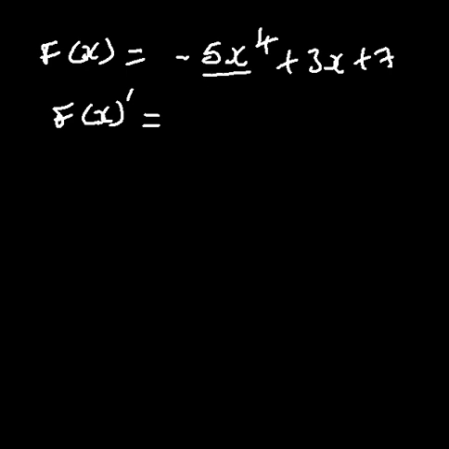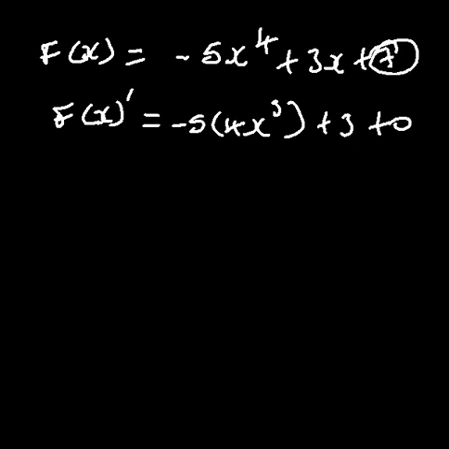Here we use the power law and also the multiple constant. That will be given as negative 5 times 4x to the power 3, plus 3, plus 0, because the derivative of the constant is 0. So in this case, we'll have negative 20x to the power 3 plus 3.